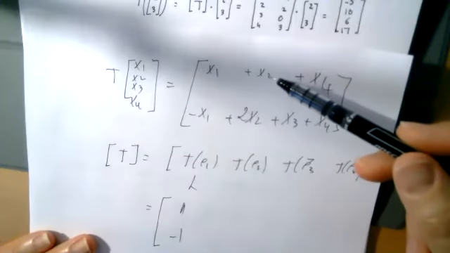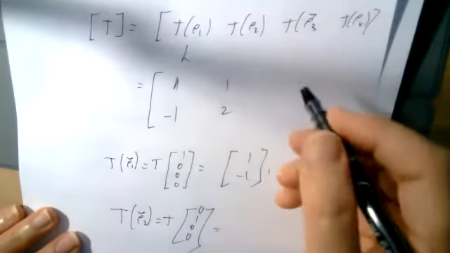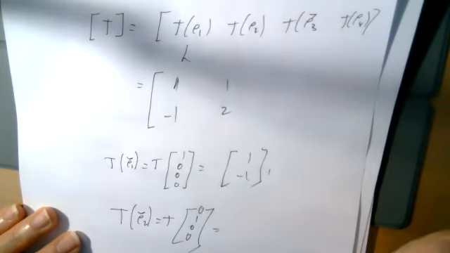So what is T of (0, 1, 0, 0)? The first component, I'm going to have 1, and right here, I'm going to have 2. So that's (1, 2).